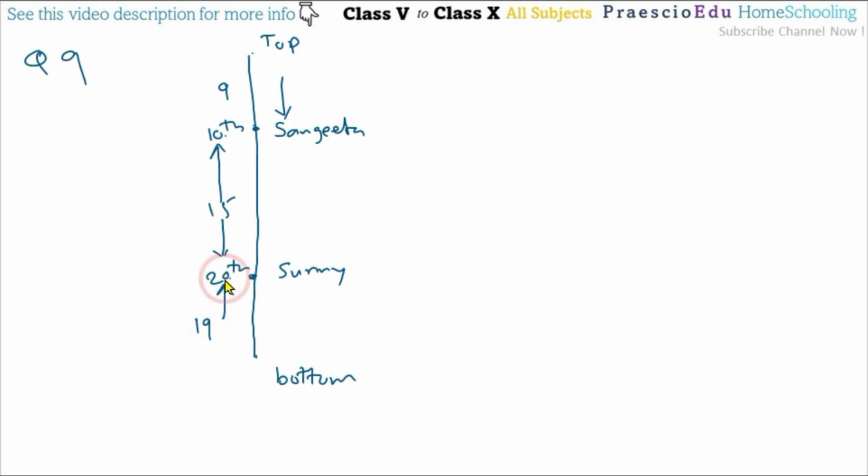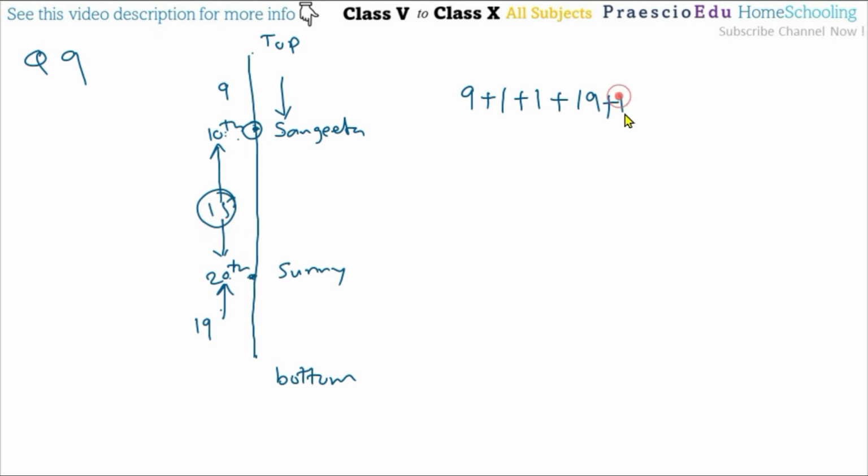Now this 9, plus Sangeeta's count 1, plus Sunny's count 1, plus these 19 students, plus the 15 students between Sangeeta and Sunny, counting from the 11th to the 21st from the bottom, the total 15 count.